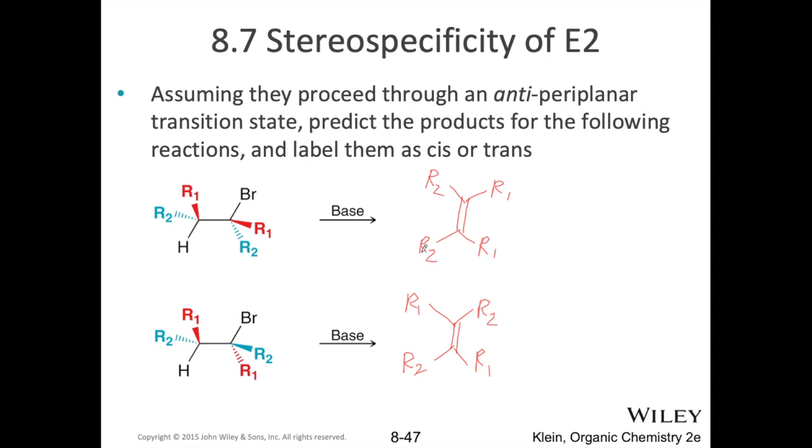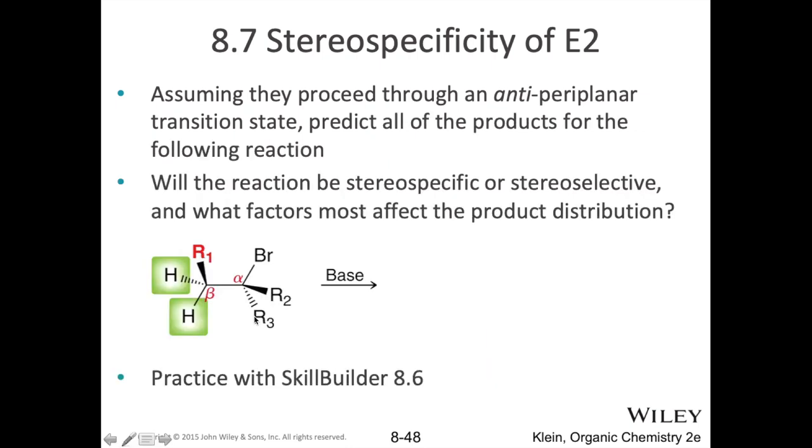Okay, so it's not so much the groups that are involved. It doesn't matter what R1 and R2 are. What's more important is that anti-periplanar relationship between our proton that's being plucked away and our leaving group. Okay, but that being said, we sometimes have more than one option on that beta carbon. So that's something to keep in mind for what products you could make.